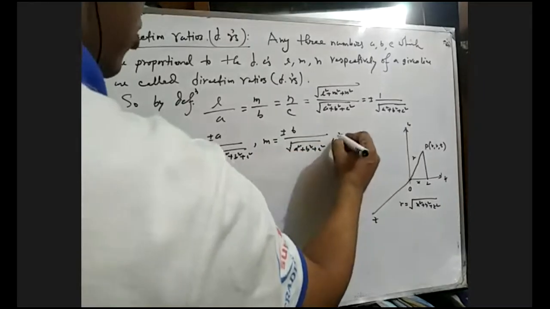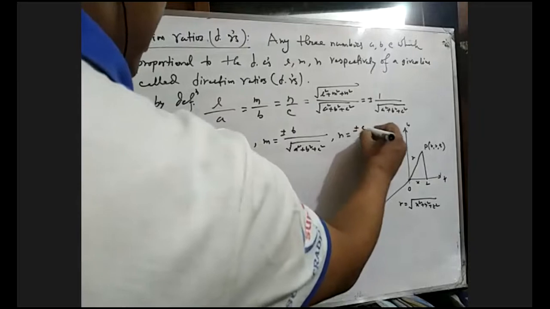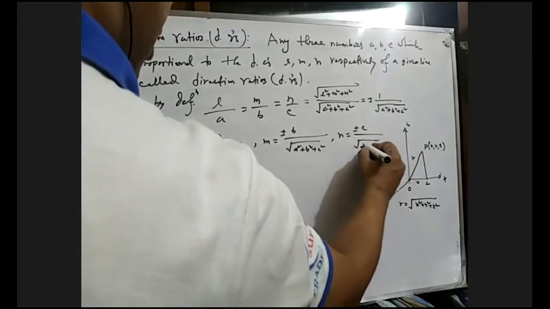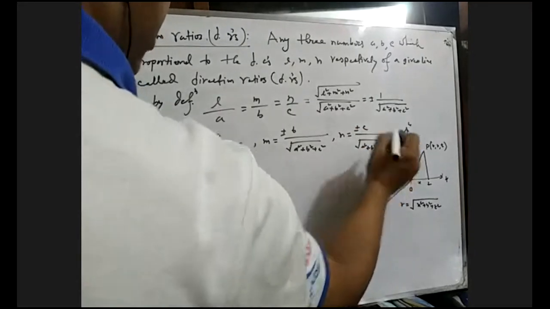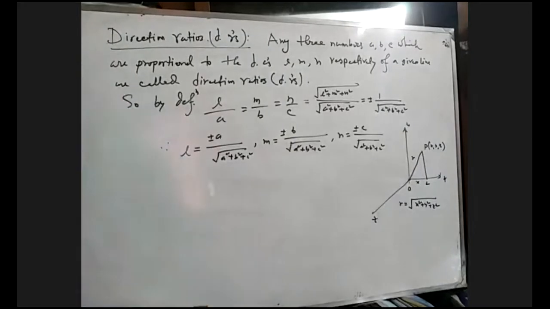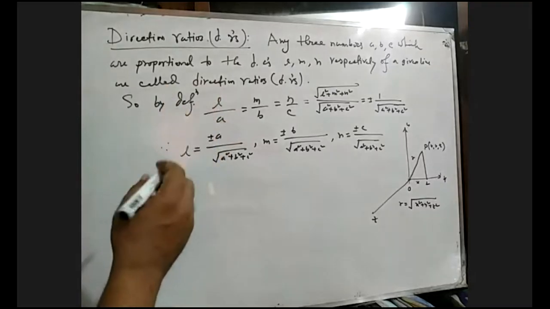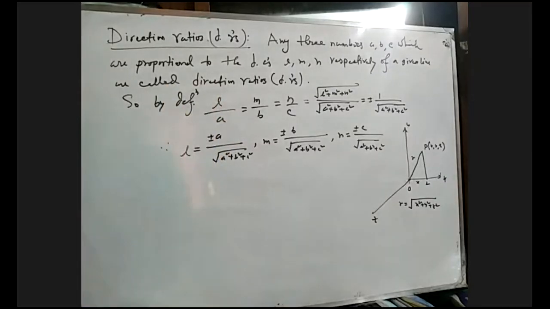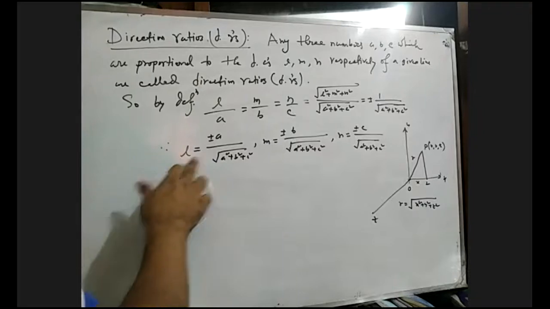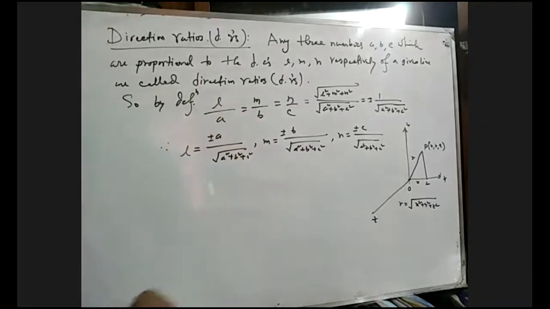And N equals plus minus C divided by root over A square plus B square plus C square. These are the direction cosines in terms of direction ratios. So this is a very important relation for you.